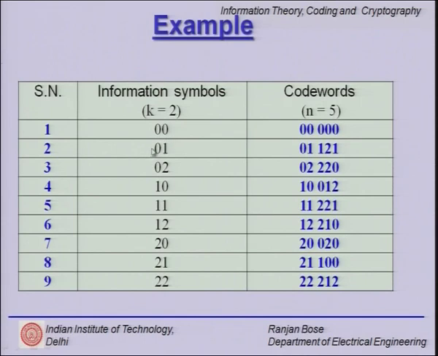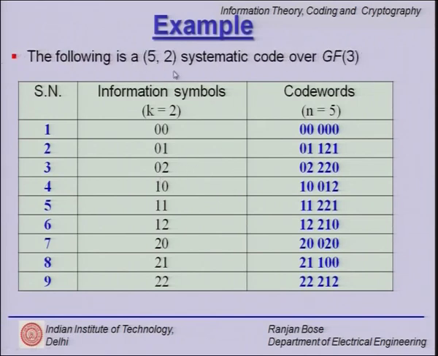Here, if you see, there are 9 possible code words in this table, and 00 has 00000, 01 has 01121 and so on and so forth. So, this is a 5,2 systematic code over GF3.